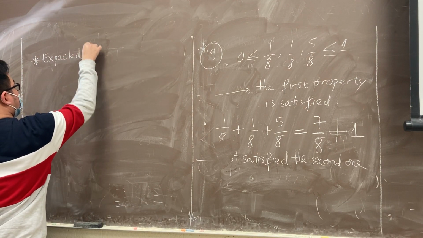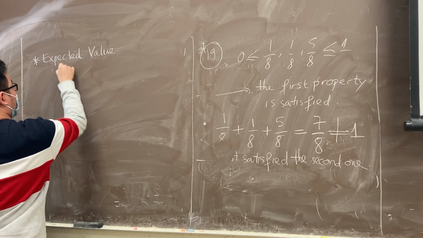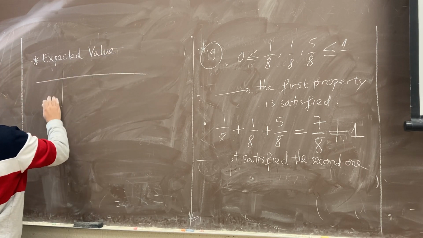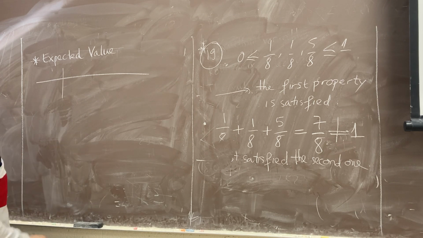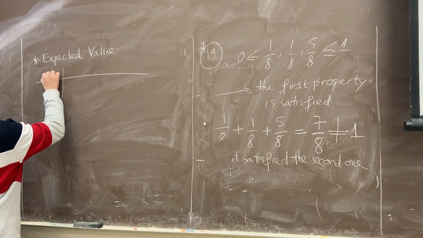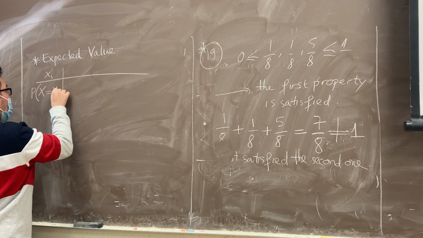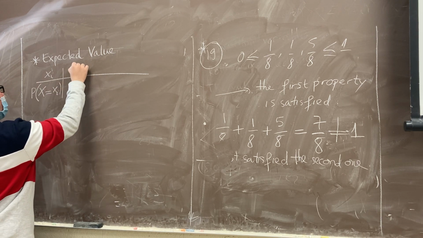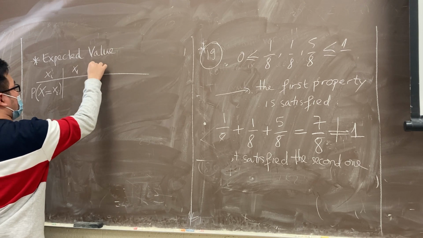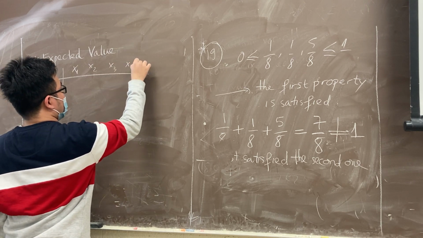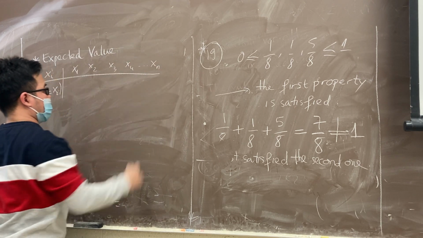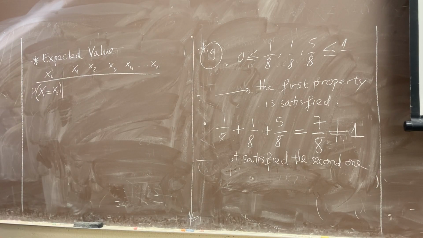Expected value. For example, I have the table for the distribution here. Here x is the random variable taking specific values, for example x1, x2, x3, x4, up to xn.